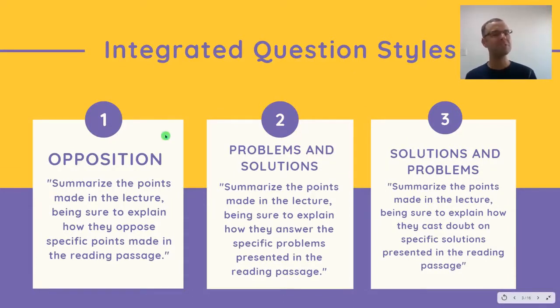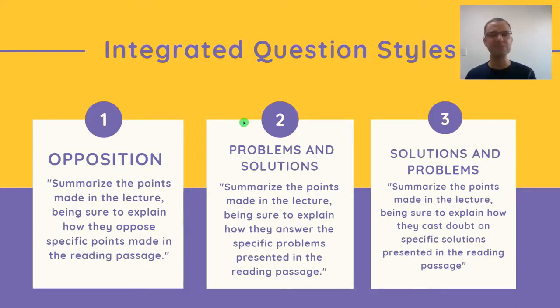First up is the opposition style. This is the most common. In this style, the author of the reading makes an argument about some topic, and the lecturer simply opposes this argument. Next up is the problems and solutions style. In this case, the author of the reading presents three problems related to something, and the lecturer presents solutions to each of these problems.